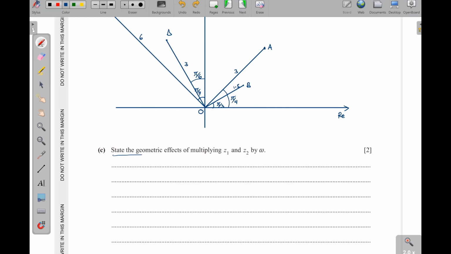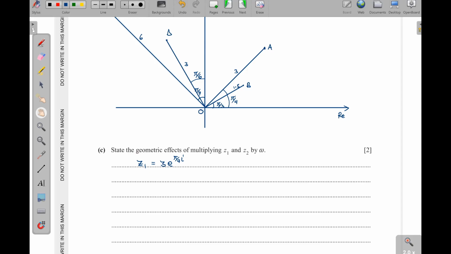Then part C, state the geometric effects of multiplying z1 and z2 by omega. Now, when you look at what we are having here, z1 is given as 3e^(iπ/4).